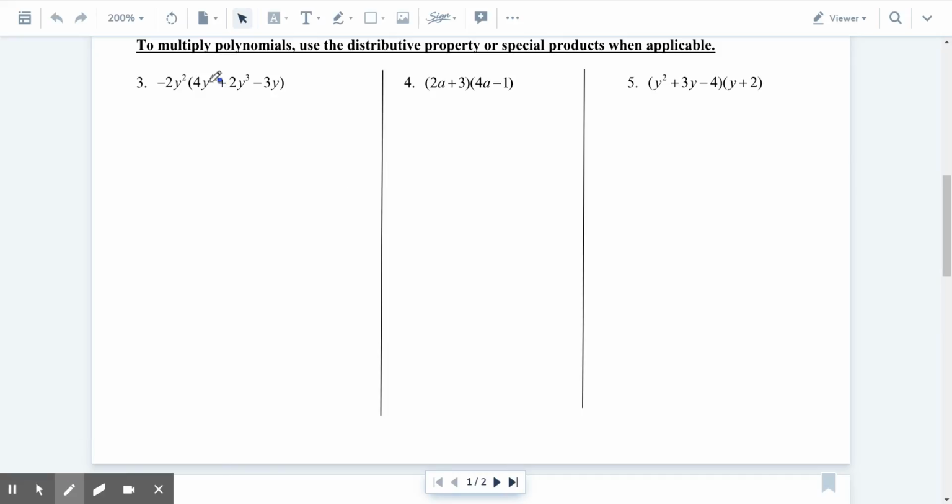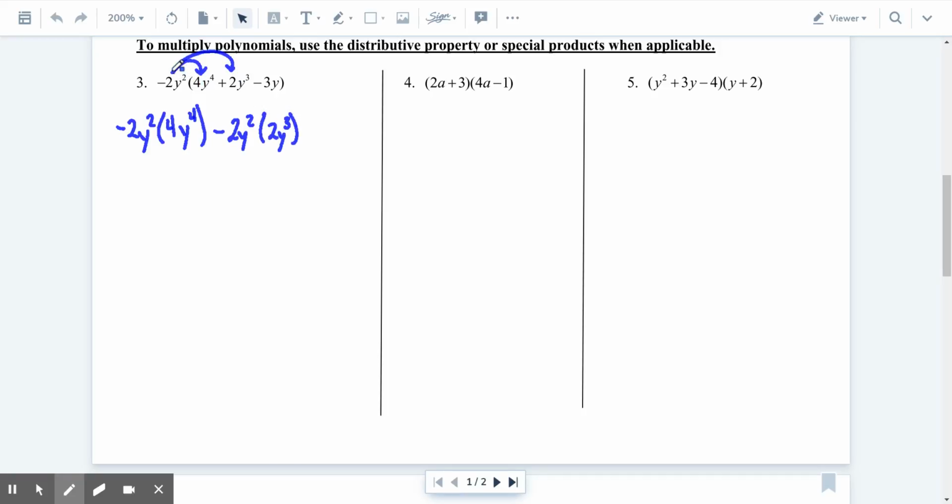So to get started, we'll take negative 2y squared times 4y to the fourth, and essentially here's what's going to happen. We're taking this negative 2y squared times this 4y to the fourth. I'm going to write it out longhand this time. And then we're going to take the negative 2y squared times that middle term, so negative 2y squared times 2y to the third.